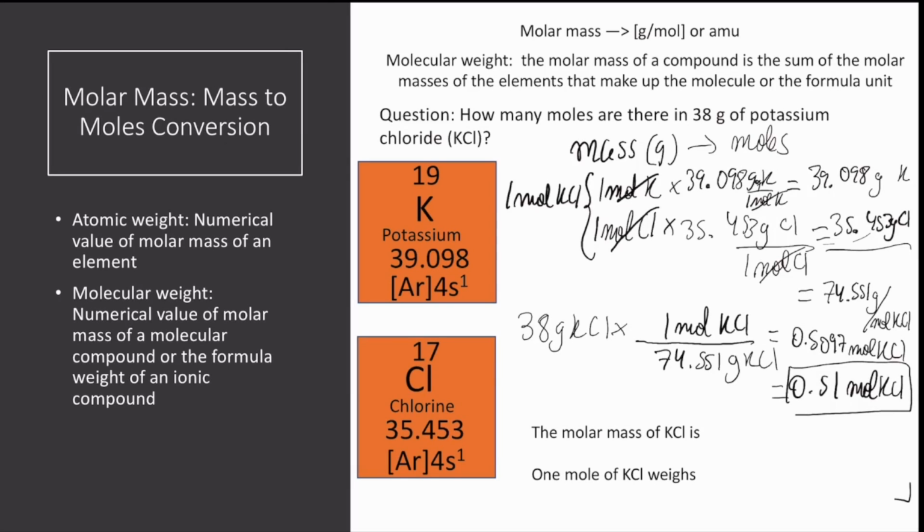That's our final answer. So what is the molar mass of potassium chloride? It is 74.551 grams per mole of potassium chloride, and 1 mole of potassium chloride weighs 74.551 grams.